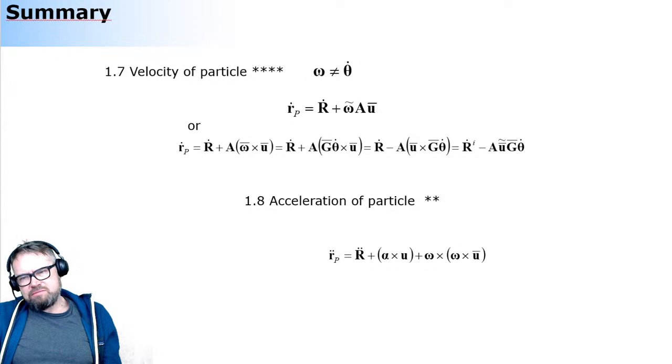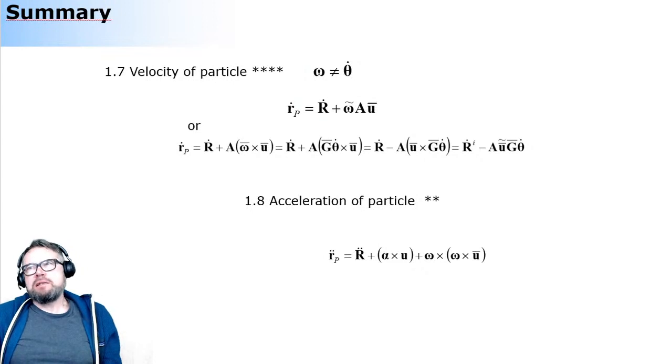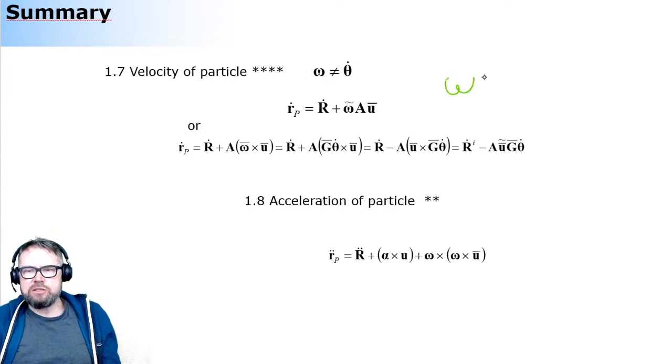Velocity of particle, medium importance. If you understand the nature of the G matrix, that would be outstanding. That would be really a lot. The nature of the G matrix is that it relates the angular velocity vector and theta dot, which is the time derivative of your rotational parameters.